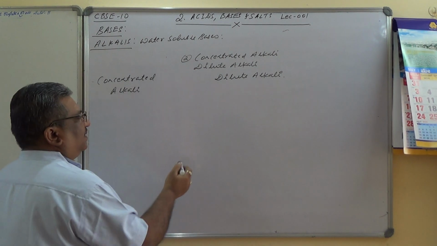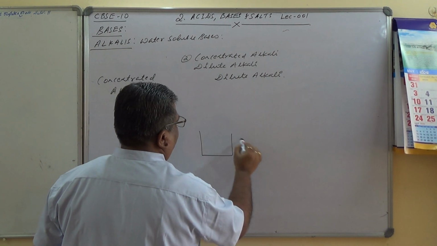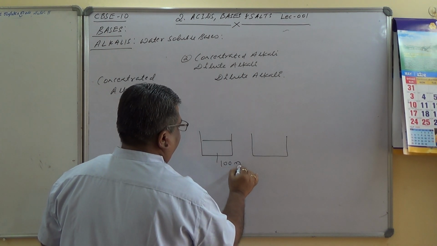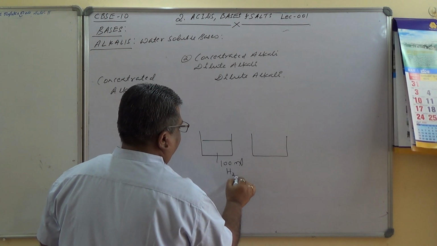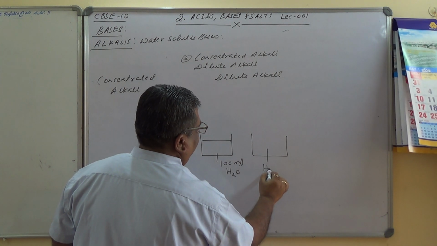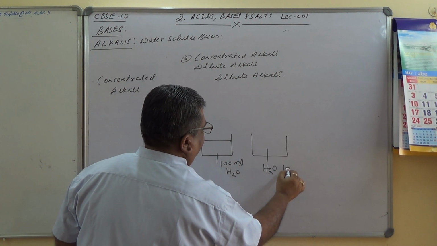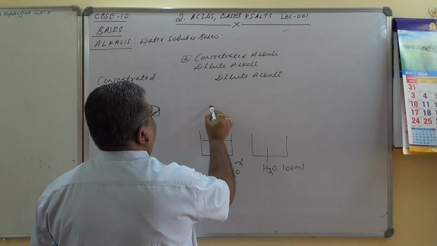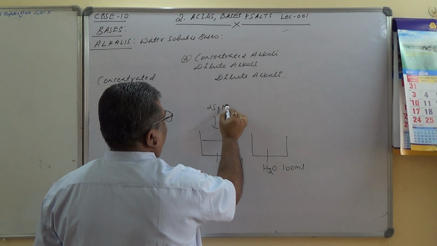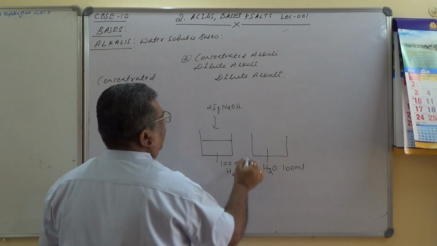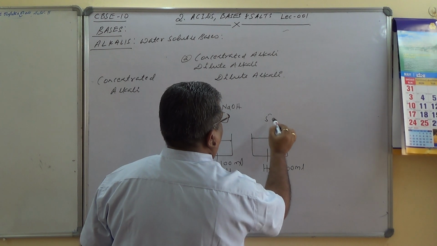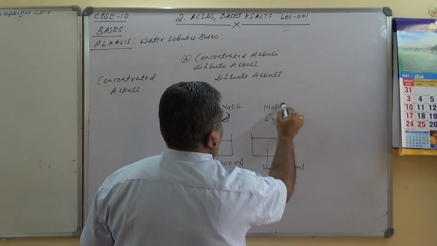So, for example, if we want to prepare sodium hydroxide solution, take 100 ml of water here, and same here also 100 ml of water. You put about 25 grams of sodium hydroxide crystals here, and here only 5 grams of sodium hydroxide crystals.